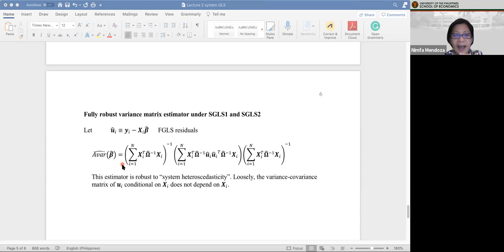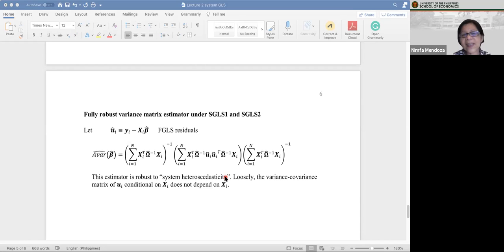This estimator is robust to system heteroscedasticity. This holds even if you have system heteroscedasticity because we did not restrict the diagonal elements to be constant across equations.